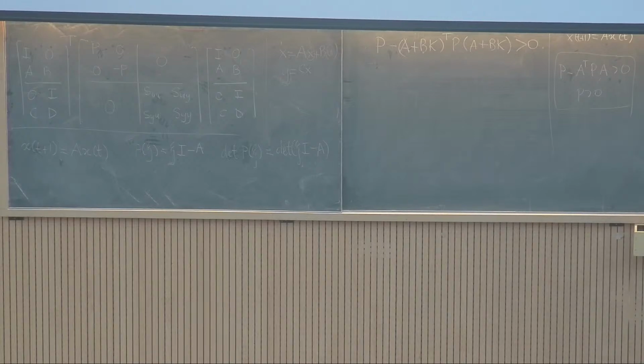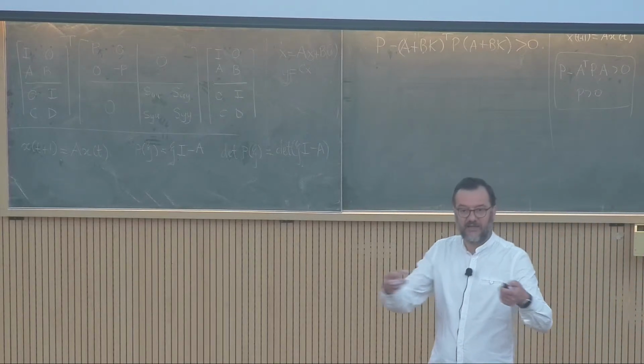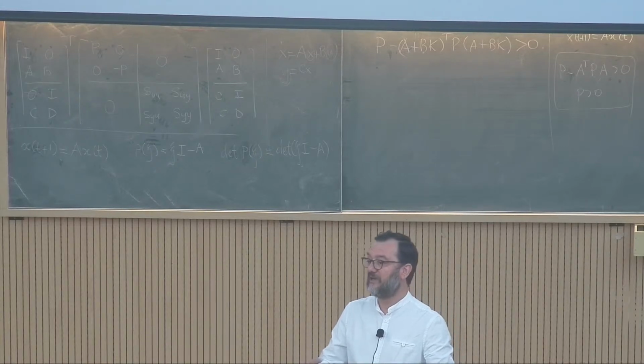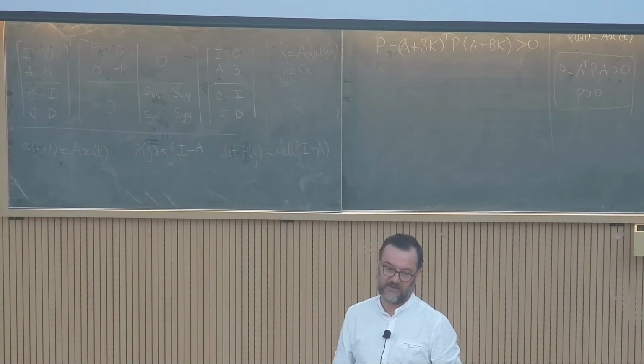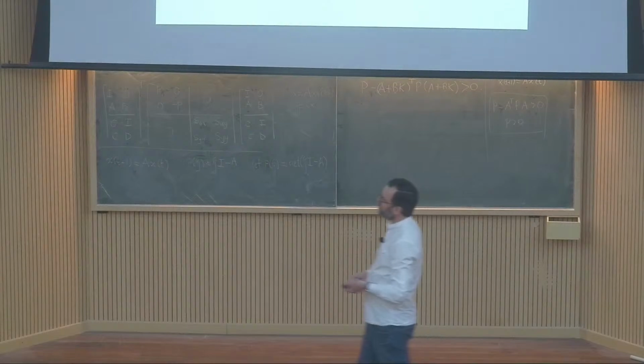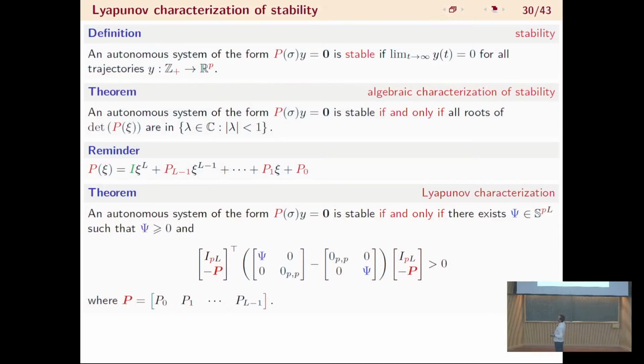And the nice thing is that even though this P is a polynomial, so I have a higher order system, I can still come up with a Lyapunov characterization of stability. So this is the P matrix.